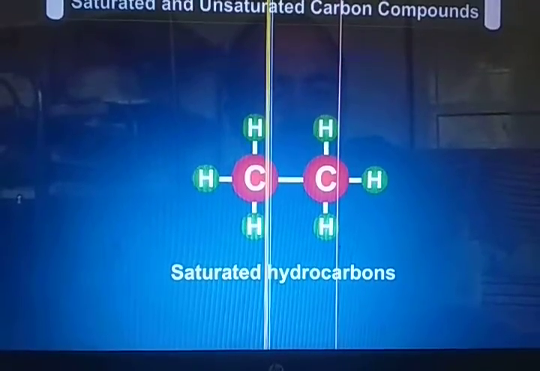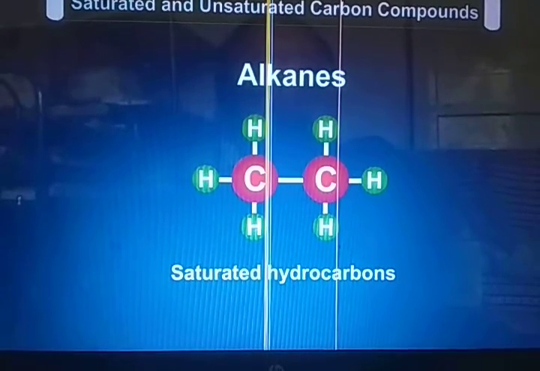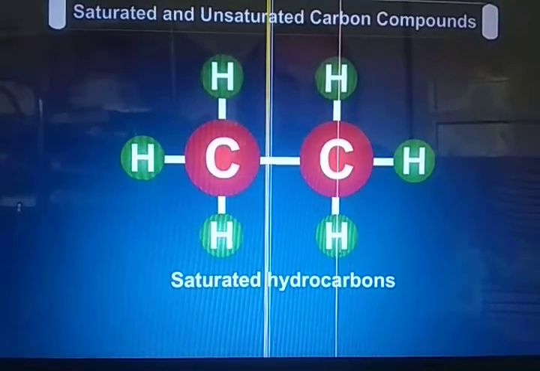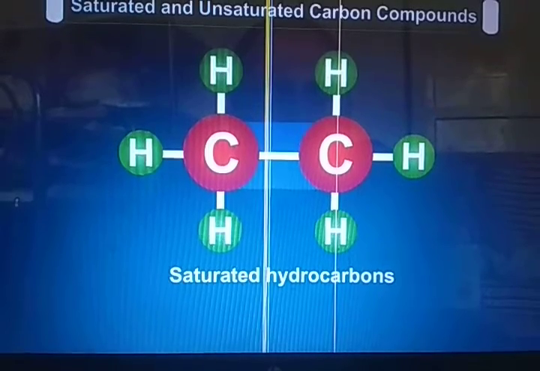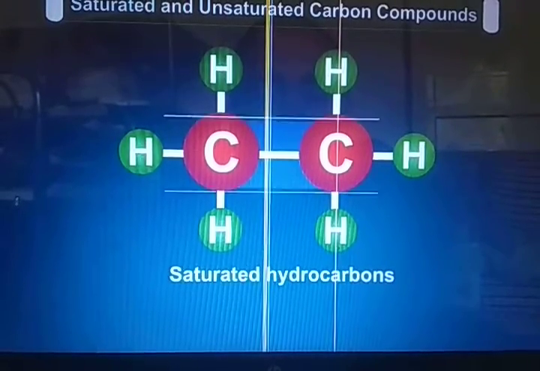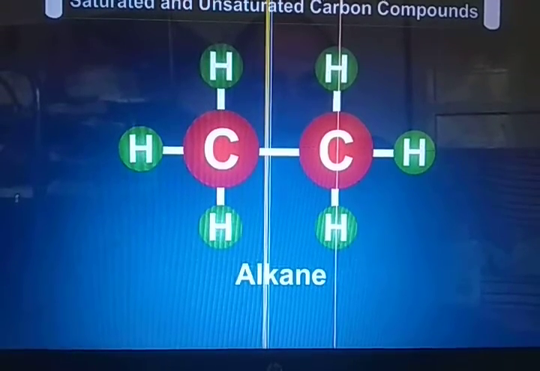First, we'll study about the saturated hydrocarbons. These are also known as alkanes. In this, carbon atoms are connected with a single bond. They are known as saturated hydrocarbons or alkanes.